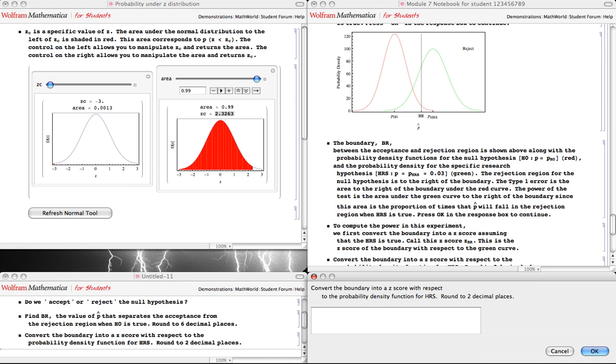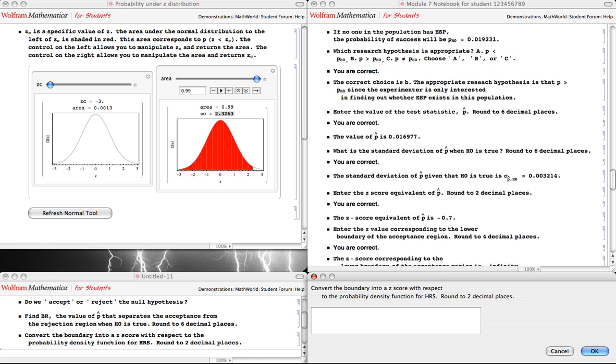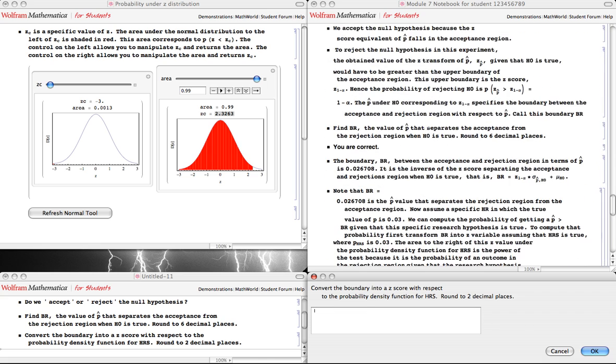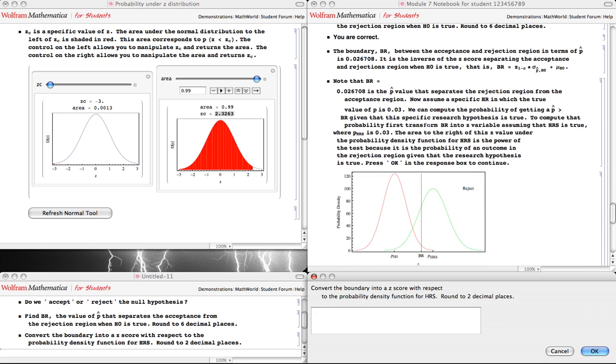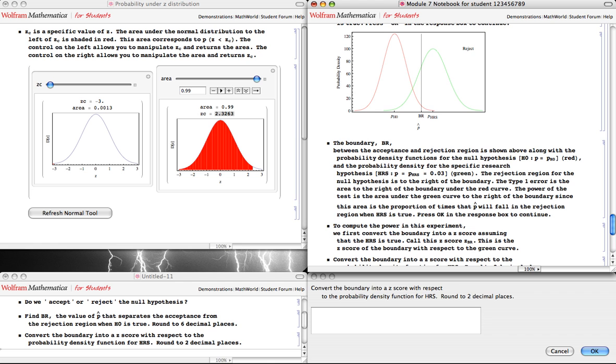So for this p hat value, which we computed up here somewhere, okay, this is the value. What is the z-score under the distribution whose mean value is 0.03?